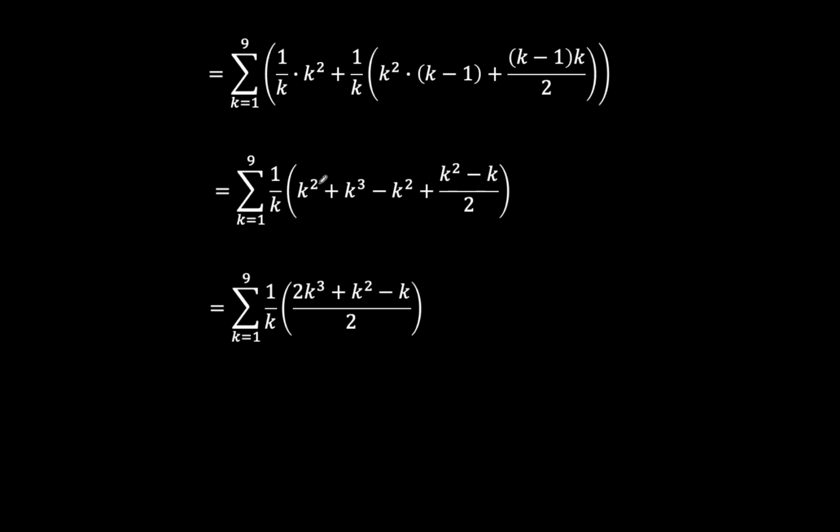So we have this cancel with that. And so we have 2k cubed plus k squared minus k. And we can pull this half out so that we have 1 over 2 out, summation of this k divided by this k cubed results in k squared. This goes away, and then this goes away, and we are left with 1 here. So we have 2k squared plus k minus 1.